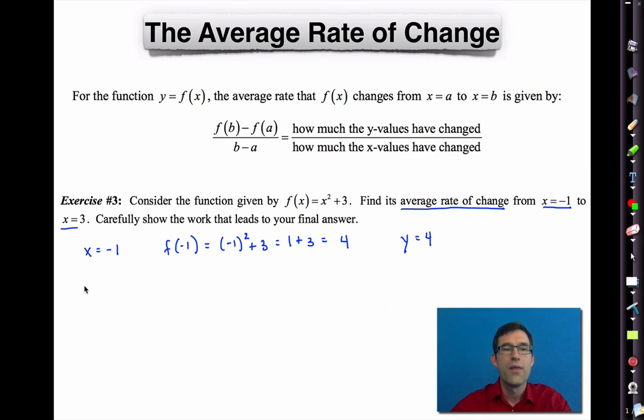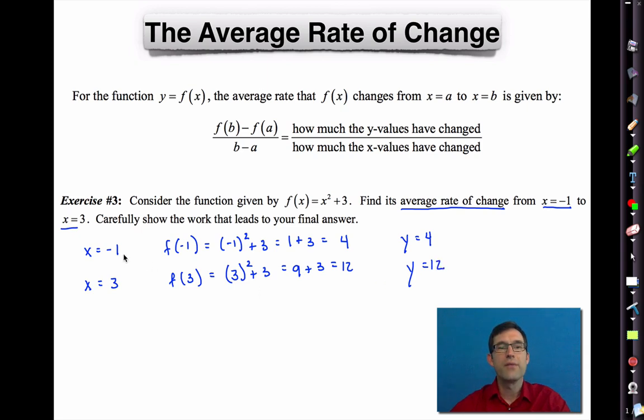Then, as we go to x equals 3, 3 times 3 is 9, plus 3 is 12. So we start at an x value of -1 and a y value of 4, and we end at an x value of 3 and a y value of 12.